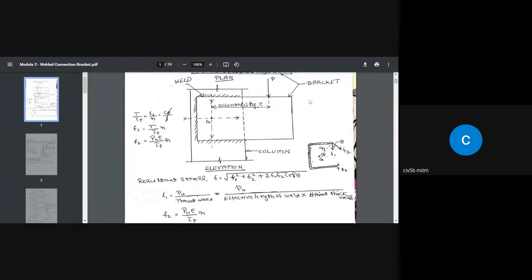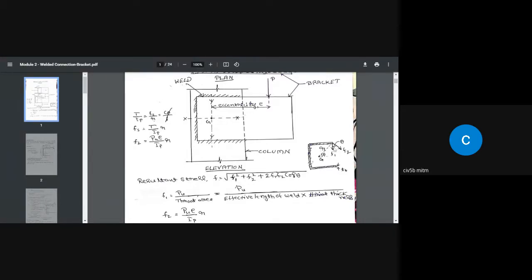So once you draw a tangent to the circle at that point, and if you join the center of the circle to that point, the angle between the tangent and the radius is going to be 90 degrees. So that's what it is. When it is subjected to torsion, you can imagine a circle like this of radius r, and this is going to be tangential to that circle, and this is the radius of that circle. So this angle should be 90 degrees. You know that from high school mathematics.